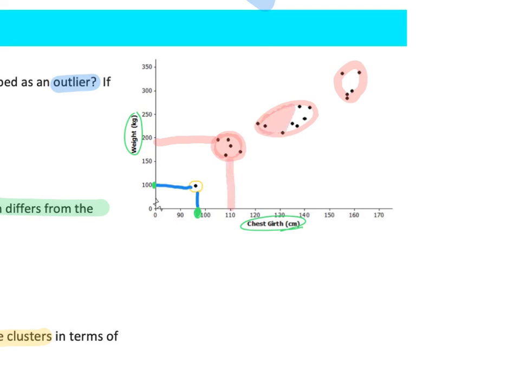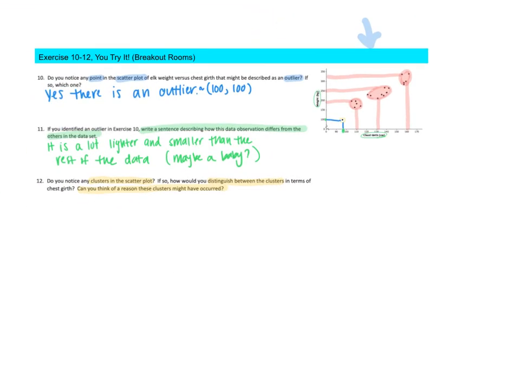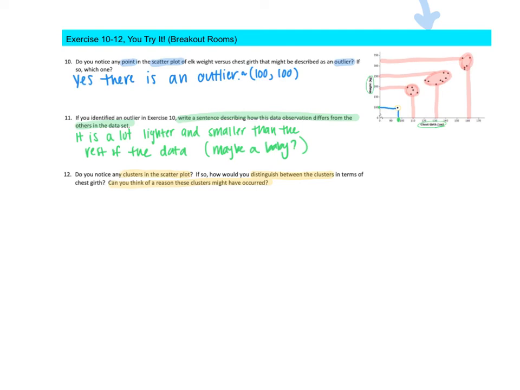Maybe these are a little bit older. Females, maybe advanced or fully adult females. They're a little bit heavier, 250 pounds, right around this area for chest girth. And maybe these are like the adult male elk, which male species are generally a lot heavier and bigger than the rest. So that's going to be my answer here.